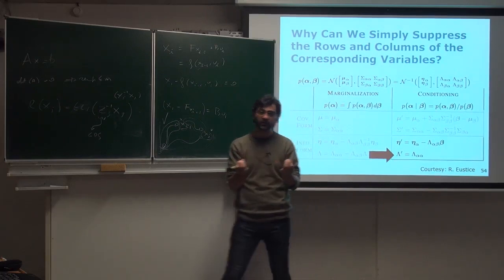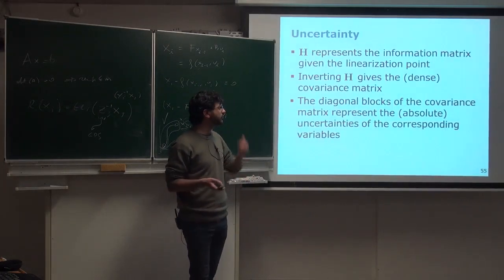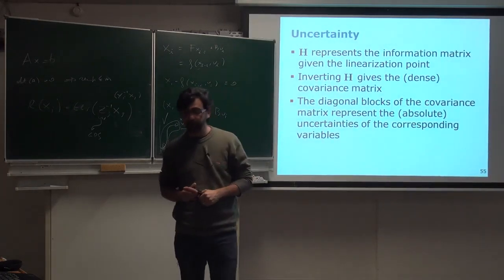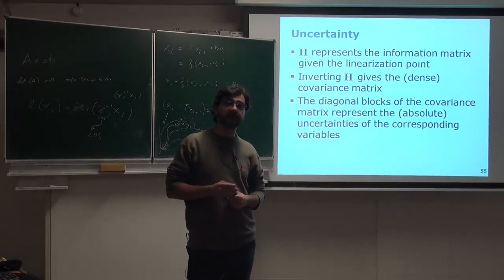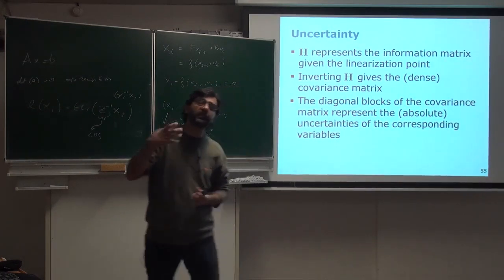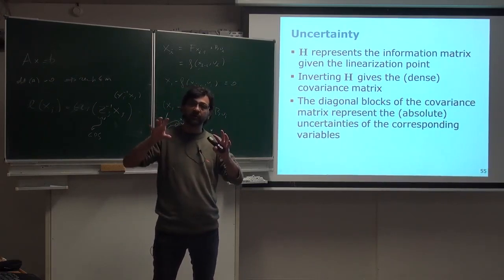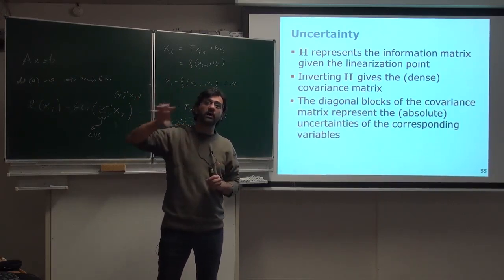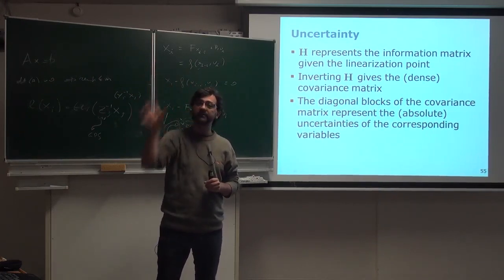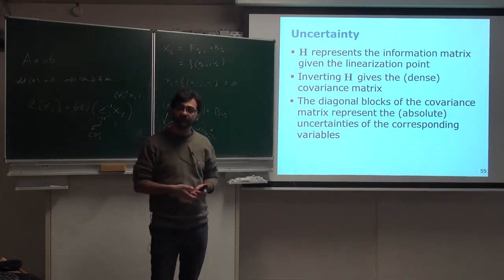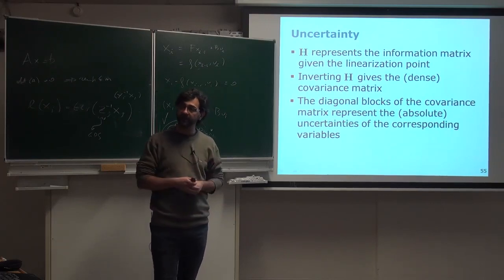Okay, so that's what we are trying to do. This is useful for several things. One usage is that instead of having a fictitious prior on one pose, we can also solve this gauge freedom, where we don't know where these variables are in the world, by just saying I want to have one fixed and solve for the other ones.